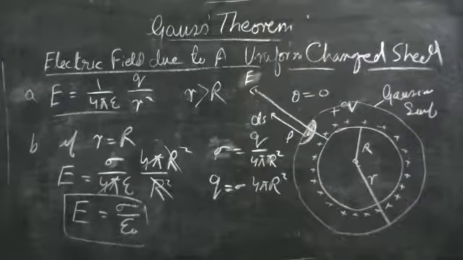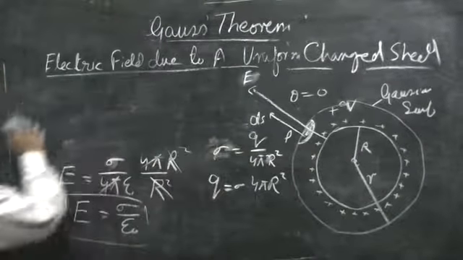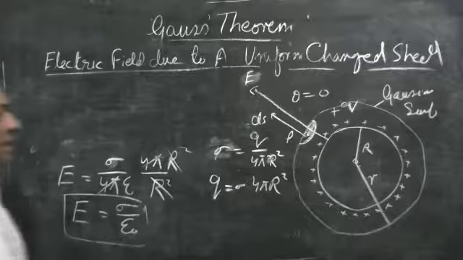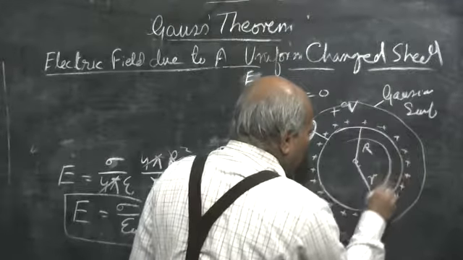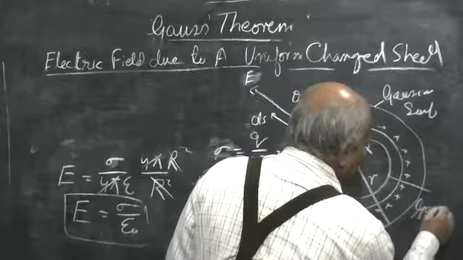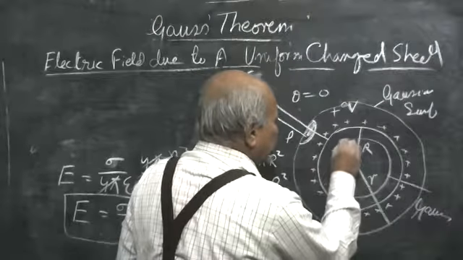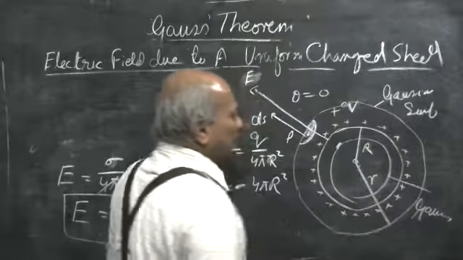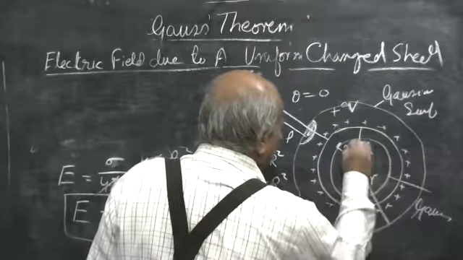Now in the third case, if the point lies inside the spherical shell, this is the Gaussian surface, and this radius is r dash.